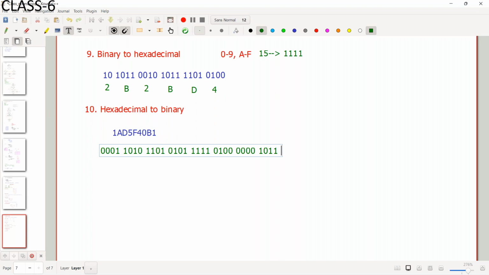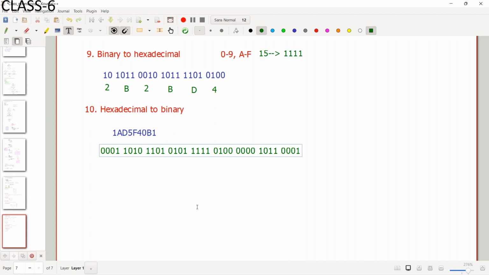Then 1 is 0001. Okay, so that is the equivalent binary representation. So 1, A, D is 1101, then 5, F40B1. Correct. Okay, so did you get it?